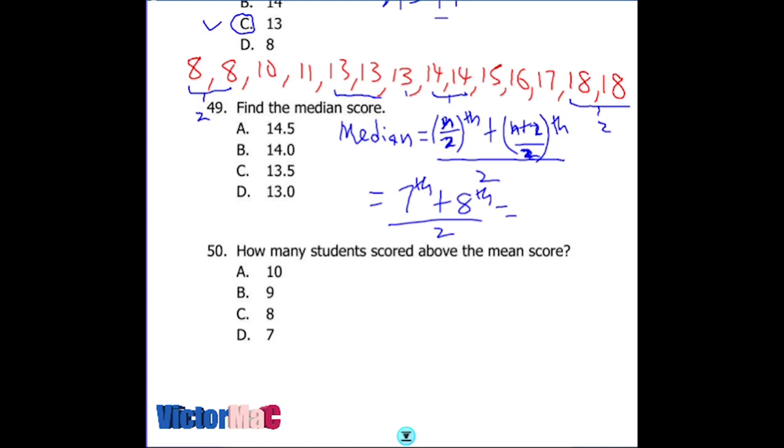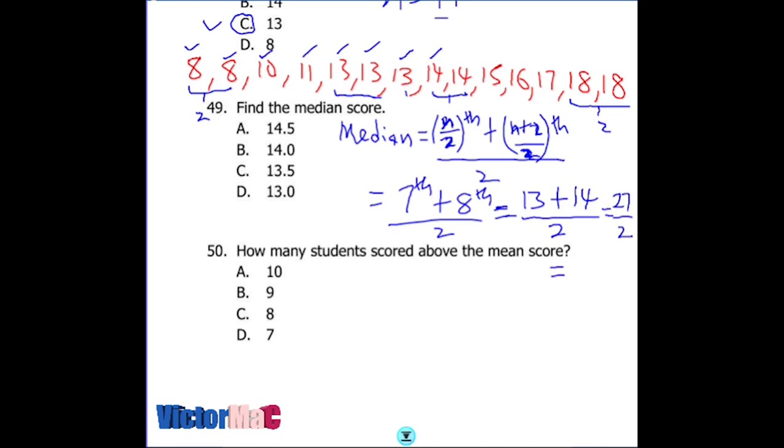So the 7th term, we count now: 1st, 2nd, 3rd, 4th, 5th, 6th, 7th, and 8th. So the 7th term is 13, and the 8th term is 14. Those are the 7th and 8th scores in ascending order. So 13 plus 14 is 27 over 2.